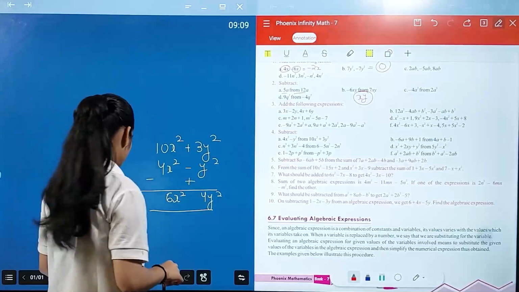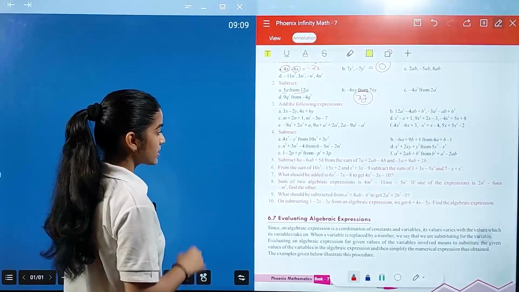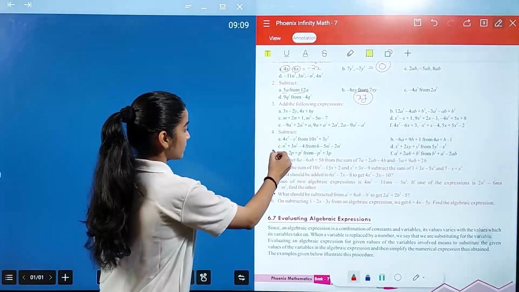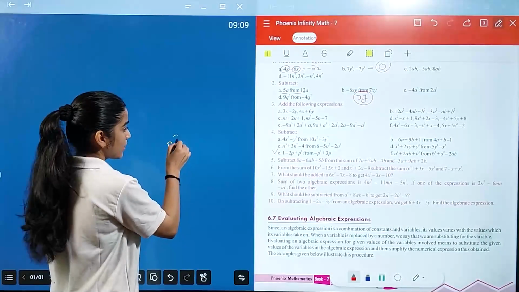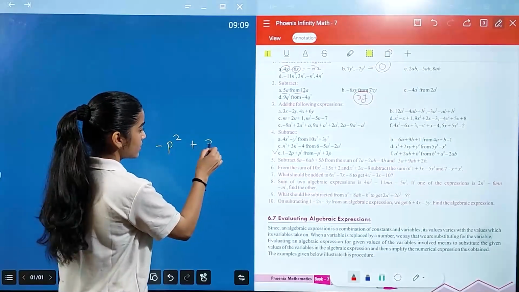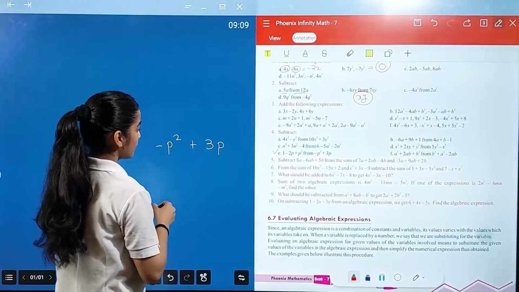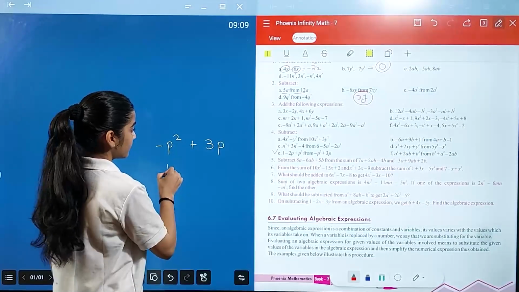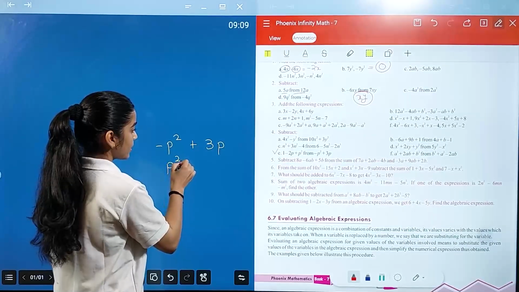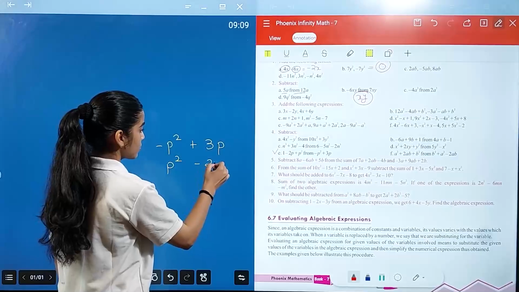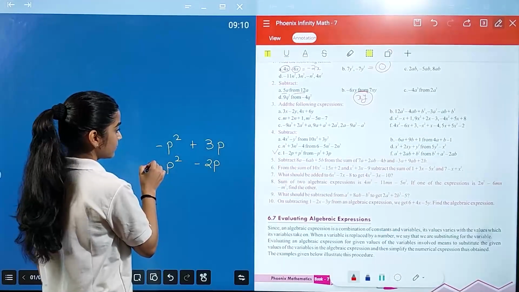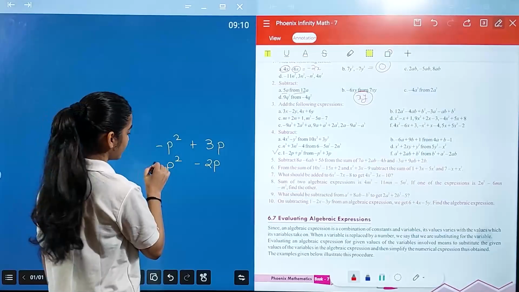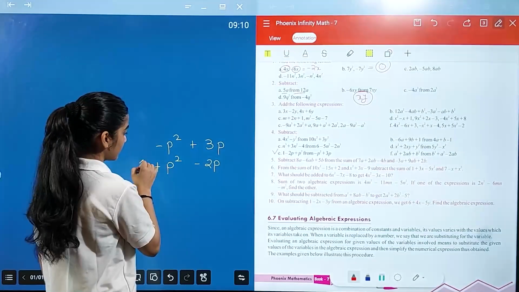Okay, next let's take one more question, this one. p square plus 3p, and we have to subtract p square minus 2p, and here we have plus 1.